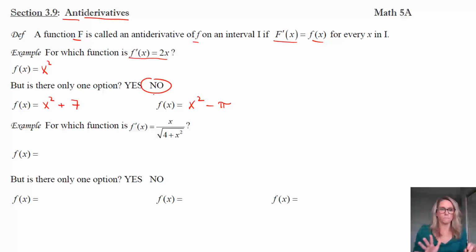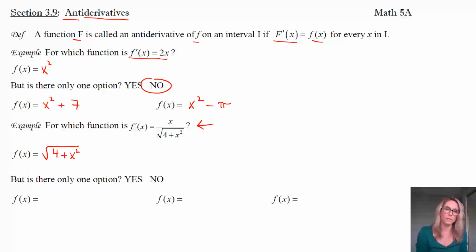Pretty basic, that question. But now if I were to ask you, for which function is the derivative x over the square root of 4 plus x squared, you might think that's a lot more complicated. And you'd be right. But it does have an antiderivative, and that antiderivative is the square root of 4 plus x squared.